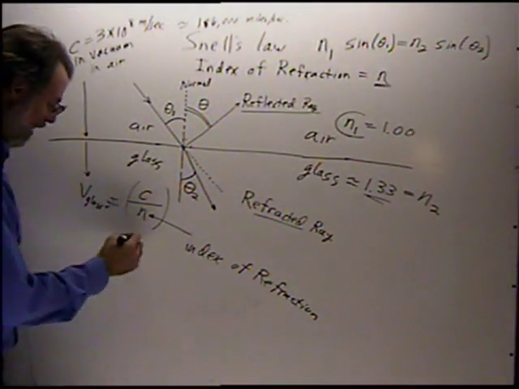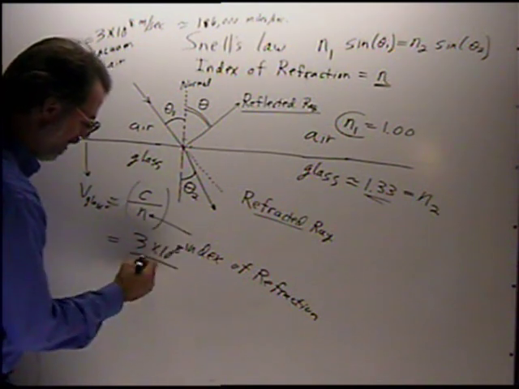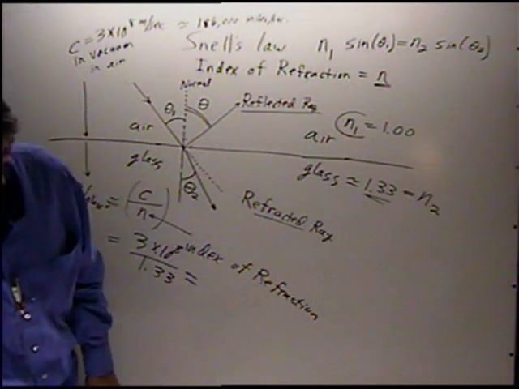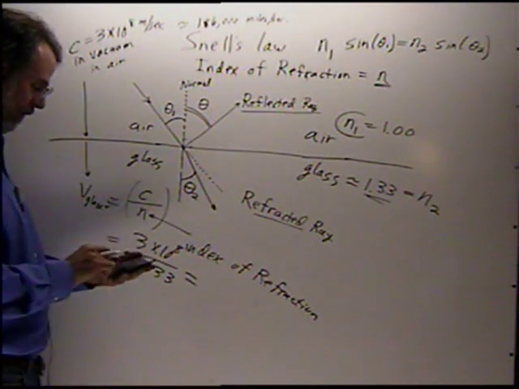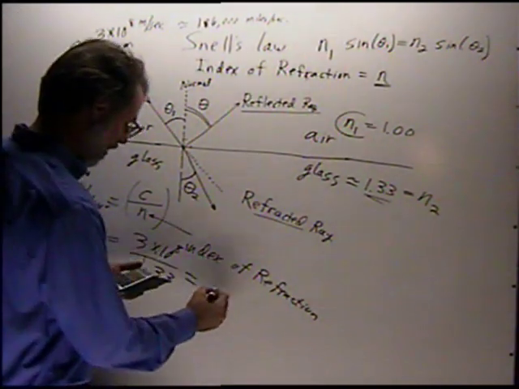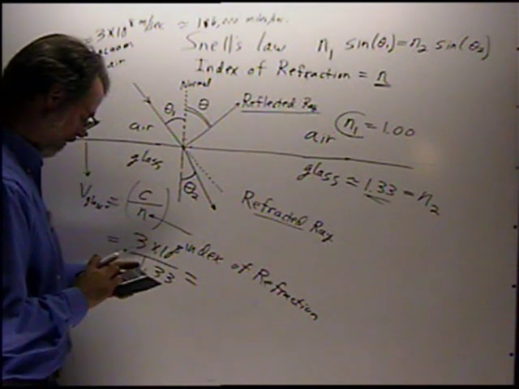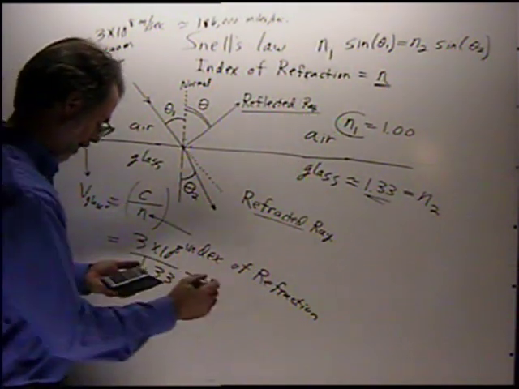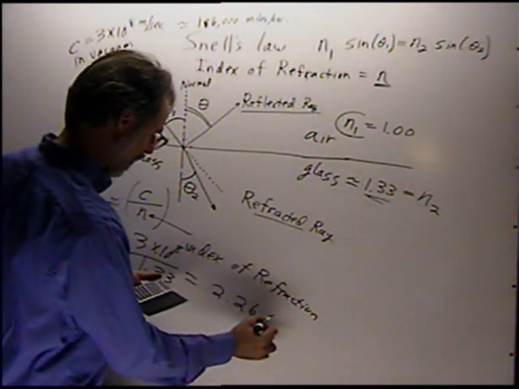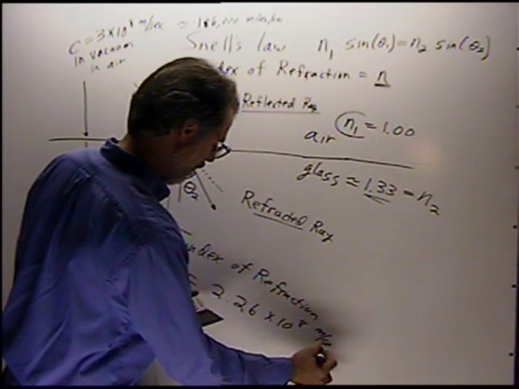So we have 3 times 10 to the 8th divided by 1.33. So if I take my calculator, 3 divided by 1.33, I get about, did I do that right? 2.26 times 10 to the 8th meters per second.